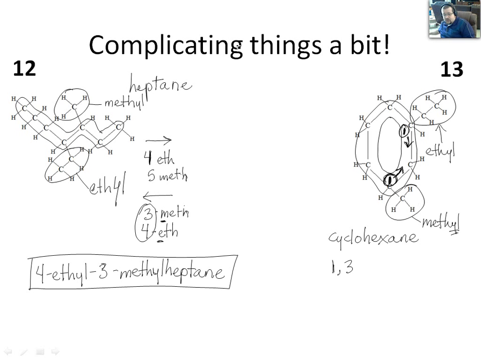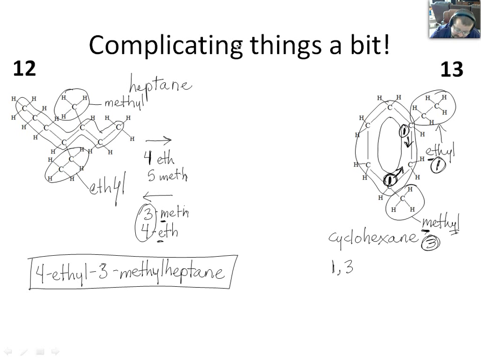Then I need to make the choice that gives it an alphabetical order. E comes before M in the alphabet. So if it doesn't matter as far as lowering my position numbers, I can go in ABC order and give the ethyl the 1 position and the methyl the 3 position.